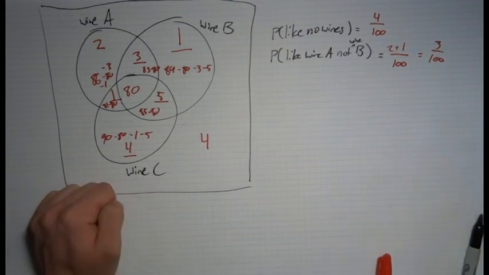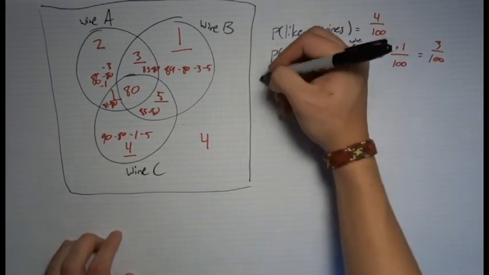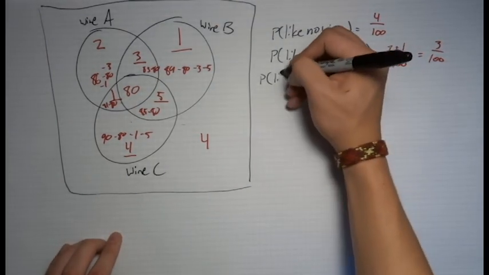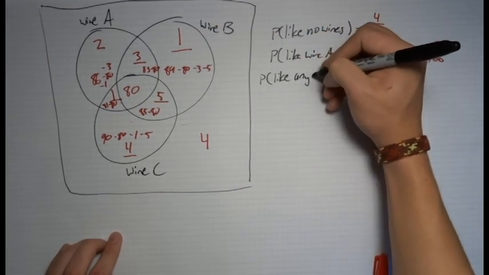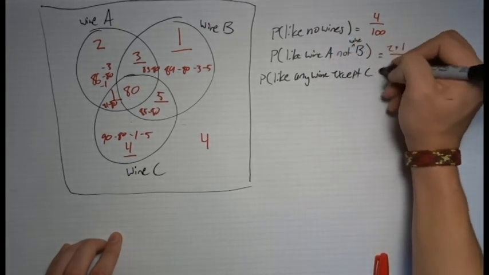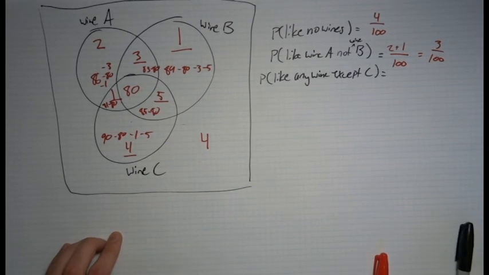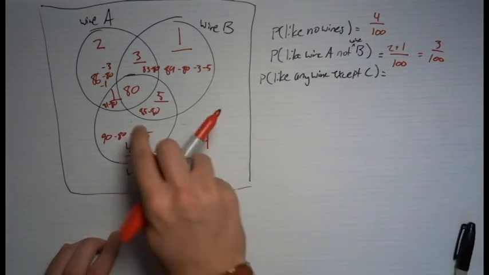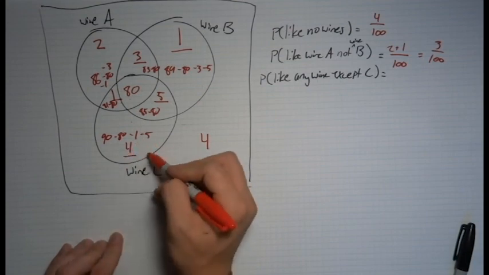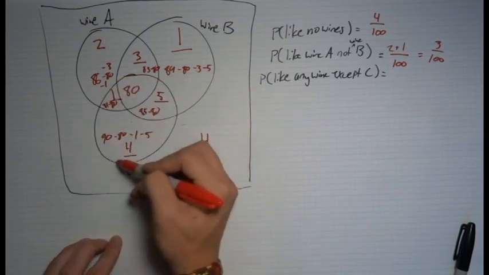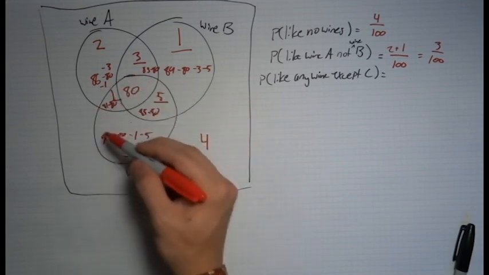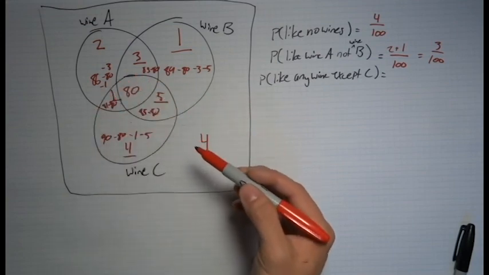All right, letter C. The probability that they like any wine except C. All right, so they can like any wine they want to, but they can't like wine C. So basically, we're going to take this circle for C. This goes all the way around here, and we're just going to ignore it. So any people that fall inside this circle, we can't count.